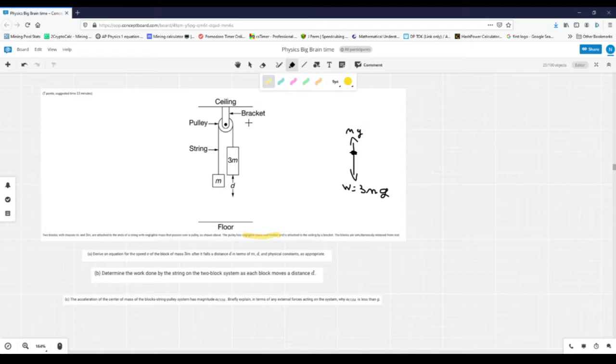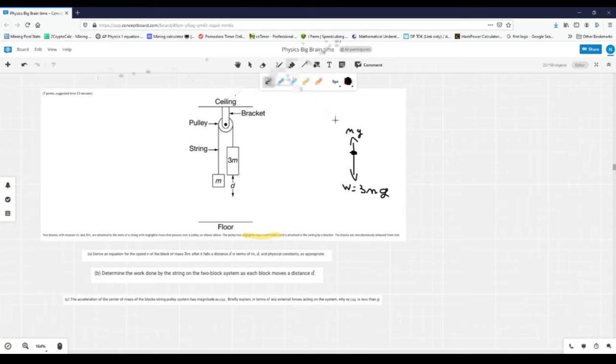It doesn't act on the system at all. It just takes the weight force experienced by M and puts it on the top of the 3M block and pulls it up. Okay, so that's our free body diagram.